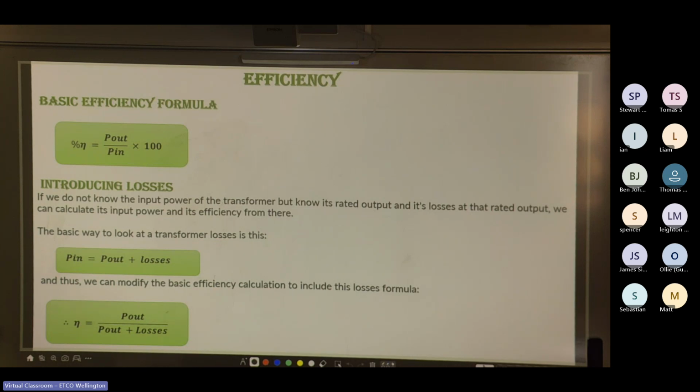So we can figure out the efficiency by doing the P out divided by the P out plus the losses, because we know that the input minus the losses equals the output. So if we add the losses back into the output and then divide the output by that, we know that we're getting the efficiency. And then we can take the output and divide it by the efficiency to get the input.